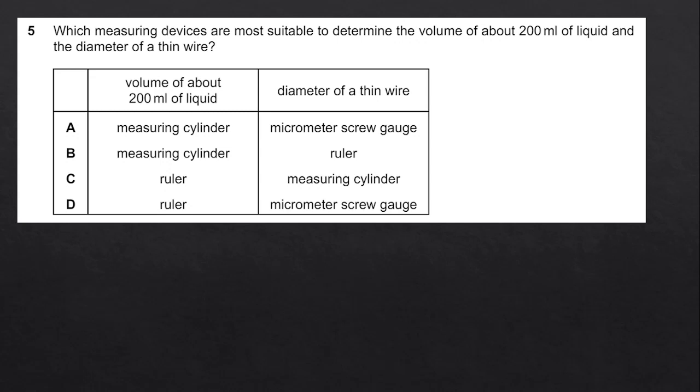Which measuring devices are most suitable to determine the volume of about 200 ml of liquid and the diameter of a thin wire? To measure the volume of liquid, we'll use a measuring cylinder, and to measure the diameter of a thin wire, we'll use a micrometer screw gauge. So the correct option is option A.